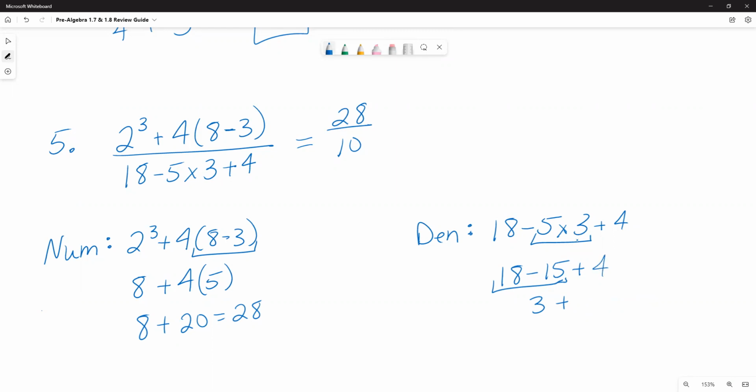I think that's what happened. I knew that it was 18 minus 15, and so I went ahead and did that and ended up writing 3 plus 4, which is 7, even though I was supposed to be writing 3 plus 4. So our denominator is 7. Okay, that makes a lot more sense. Because I was like, wait a minute, when I made these, I tried to make sure they all came out to whole numbers. Oh, come on, brain, wake up.